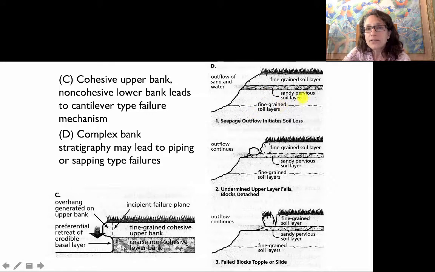This example here is showing how water movement through the material can actually help lead to failure. So where you've got water flow moving through a sandy pervious layer and then some erosion that leaves this unsupported, and then you end up with toppling.